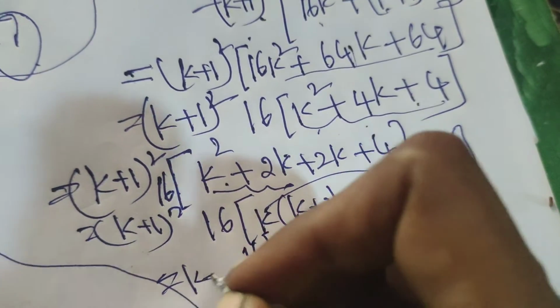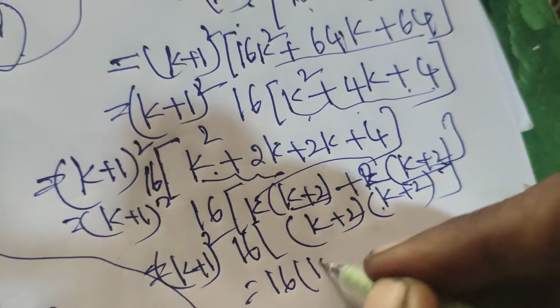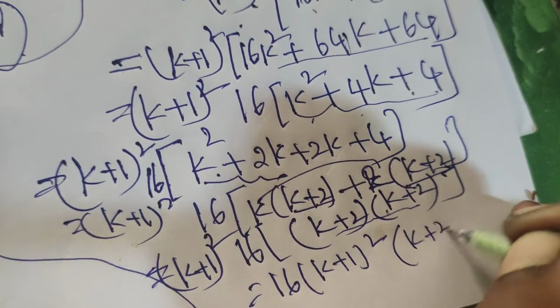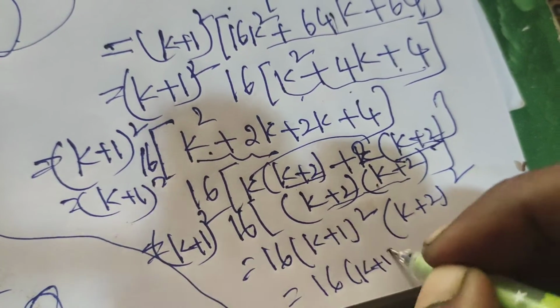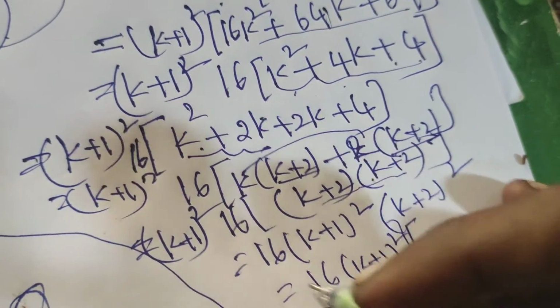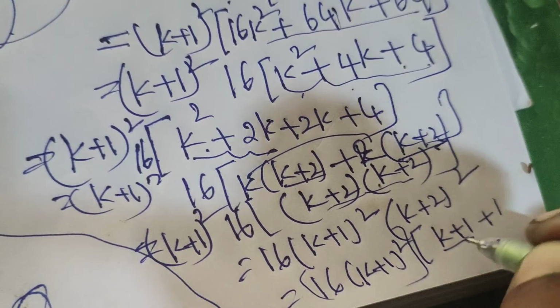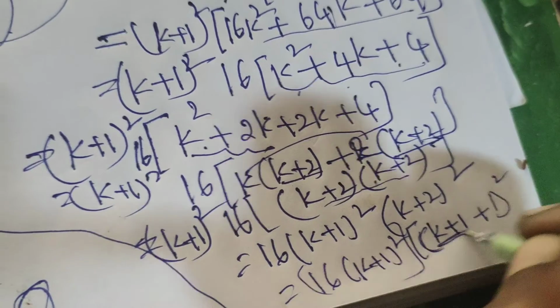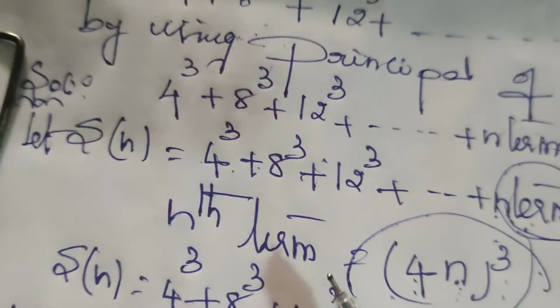As it is, write 16 into k plus 1 whole square into k plus 2 whole square. Again write 16 into k plus 1 whole square; in this term write k plus 1 plus 1 whole square. Okay, the given statement is true for S of n, here for k plus 1.